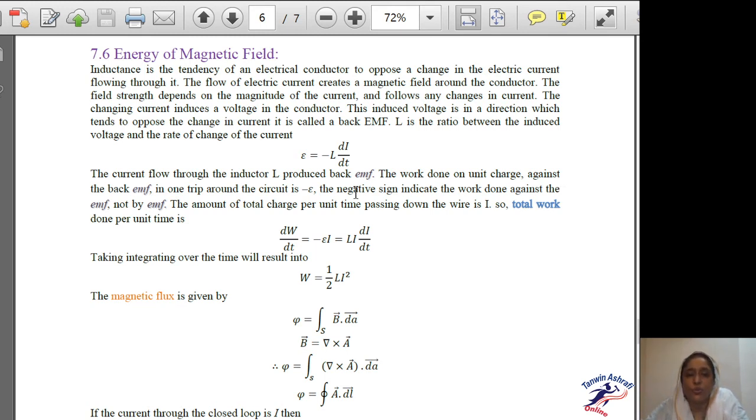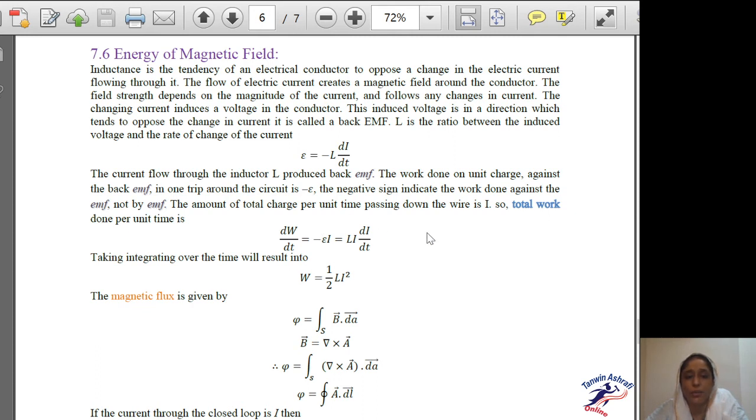The amount of total charge per unit time passing down the wire is I. So the total work done per unit time is dW by dt is equal to minus E I. Where E is equal to minus L dI by dt, if we substitute that, minus minus gets cancelled, giving L I dI by dt.